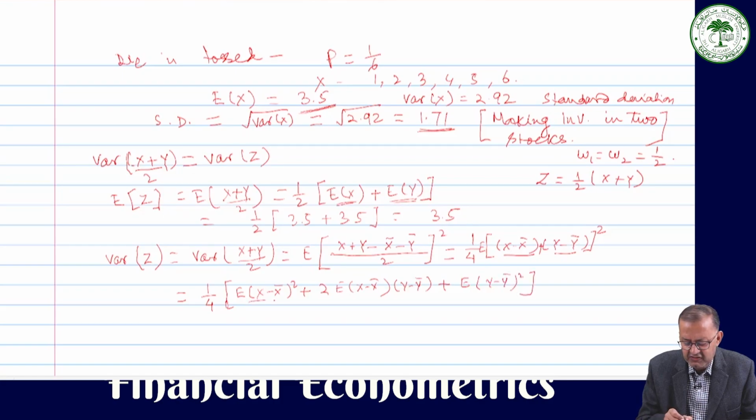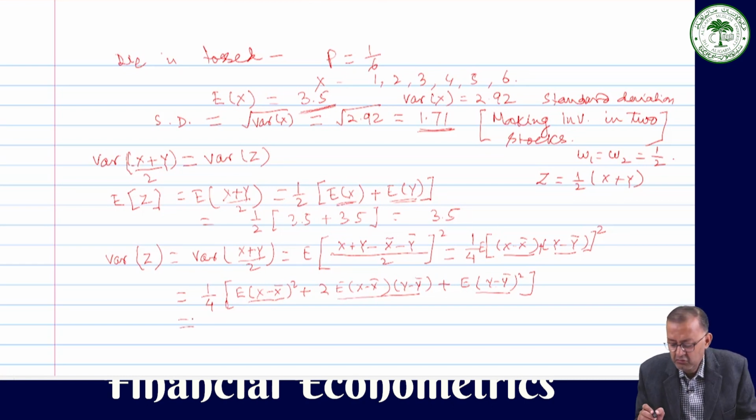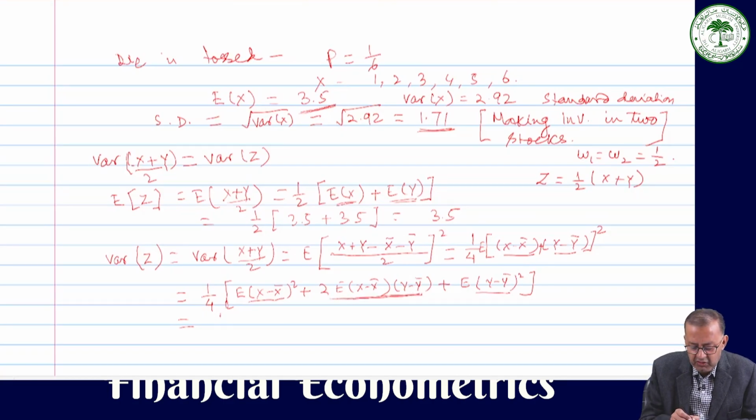So what is this? This is the variance of x, this is the variance of y, and this is the covariance between x and y. If the two assets are uncorrelated, meaning the returns on the two assets are not correlated, this term comes out to be 0. So this is equal to 1 by 4, and this variance we have already calculated.